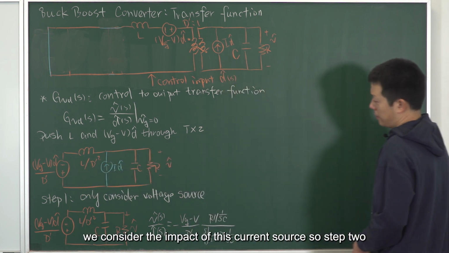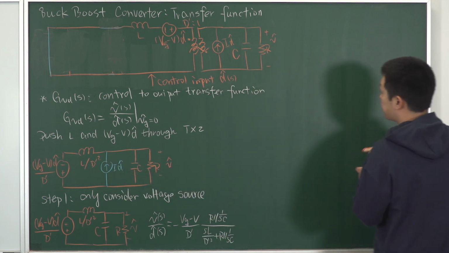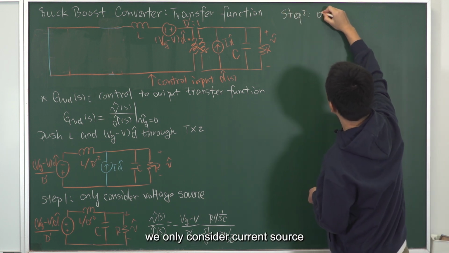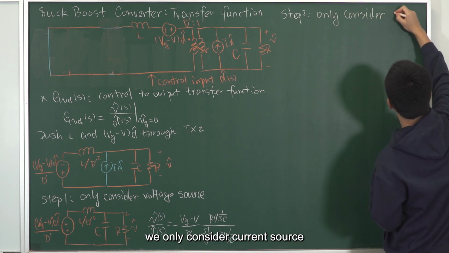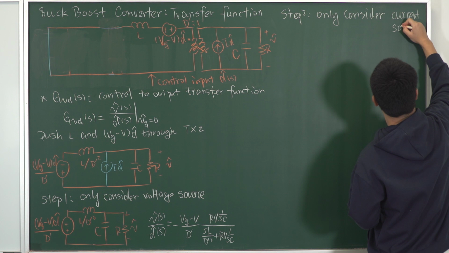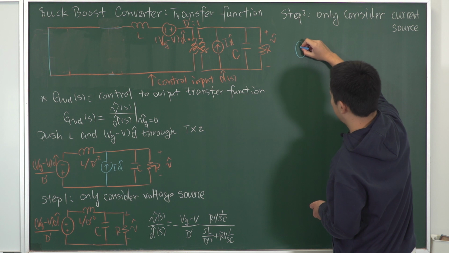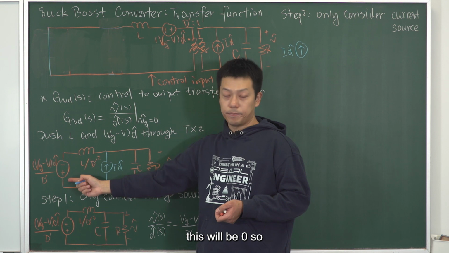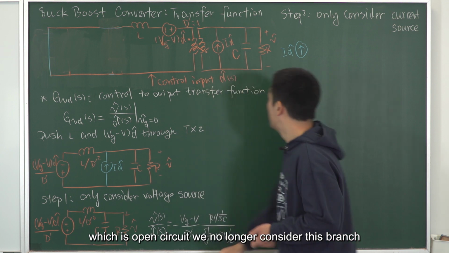And next, we consider the impact of this current source. So step 2. We only consider the current source. So here is the current source as I d cap. This will be 0, which is an open circuit. We no longer consider this branch.